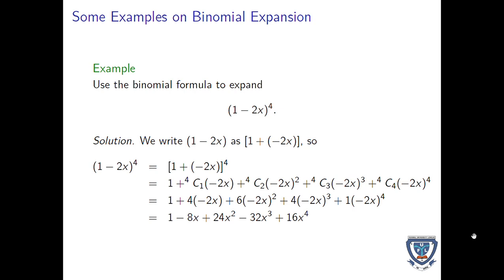When you do the substitution properly, you are going to have 1 minus 8x plus 24x squared minus 32x cubed plus 16x to the power 4. So that is how the simplification is done, and the expansion is done using binomial expansion. It makes the expansion easier to handle.